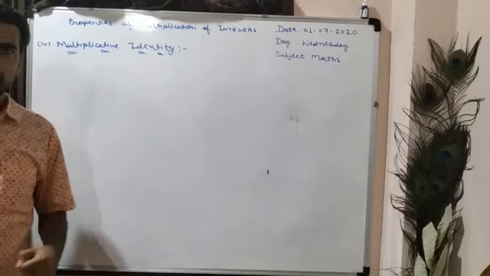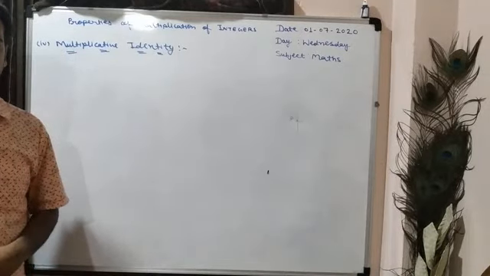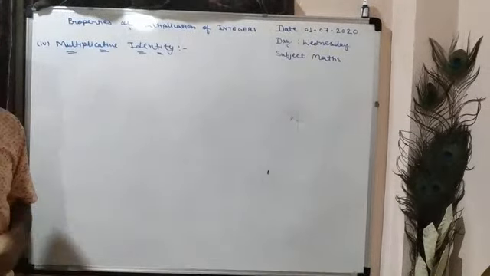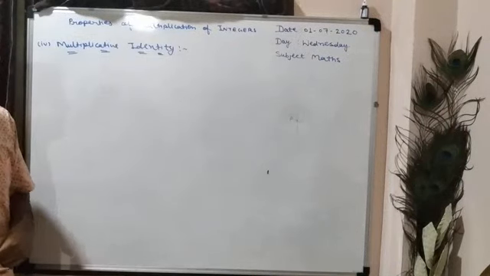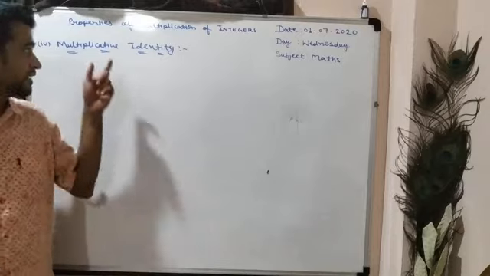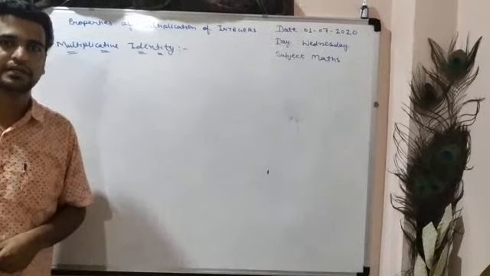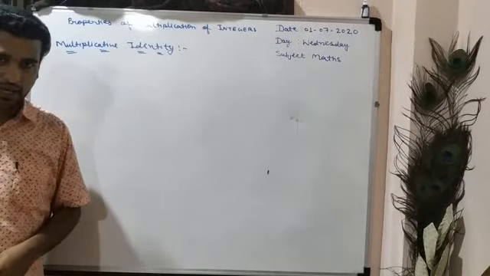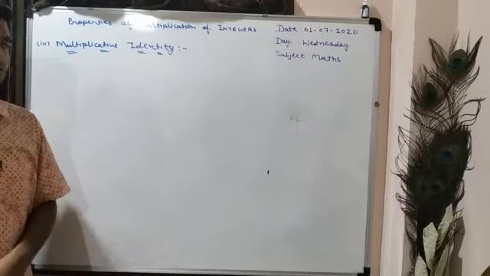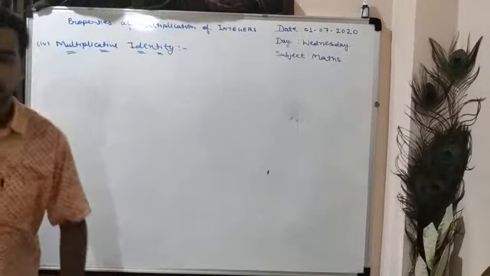When we multiply any integer with 1, then we get the same integer in the result. So 1 is the multiplicative identity for integers. Again I am repeating the definition of multiplicative identity. When we multiply any integer with 1, we get the same integer. So 1 is the multiplicative identity.